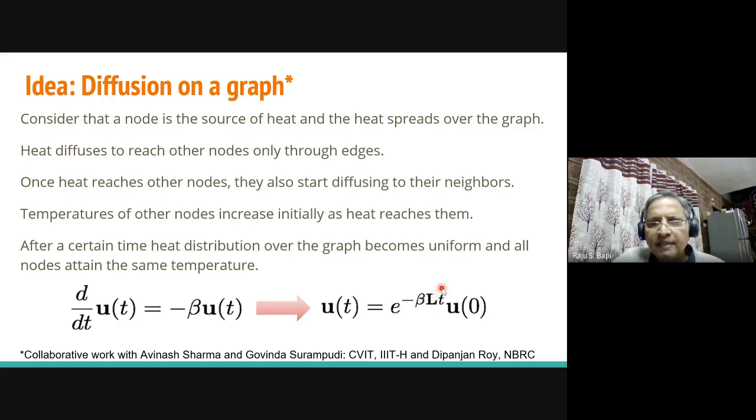L is defined as D minus W, where D is the degree matrix, the degree of each node, how many edges each of those nodes has, minus the adjacency matrix, which defines the graph edges of this graph. So the Laplacian depicts the structure of the graph, and beta t is the scale of diffusion.